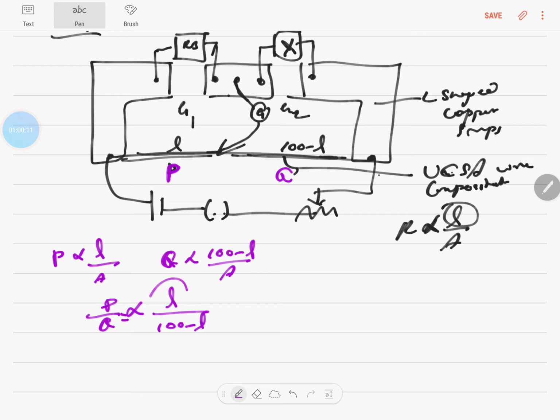There is always rho, but rho also gets cancelled. So you can just write the ratio P by Q is equal to L by 100 minus L.